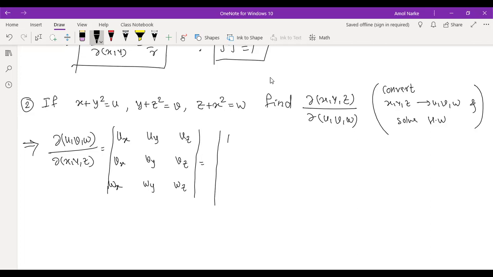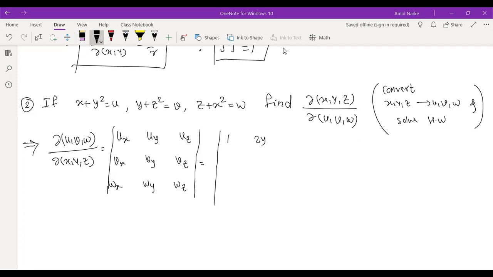What is the derivative of a constant? 0. And you are differentiating u with respect to x, so it is 1. U with respect to y: now x is constant, so this becomes 0, and with respect to y you get 2y. And u with respect to z is 0.